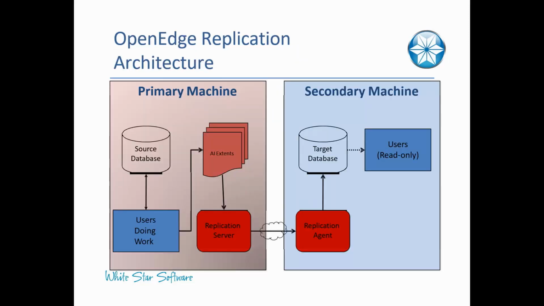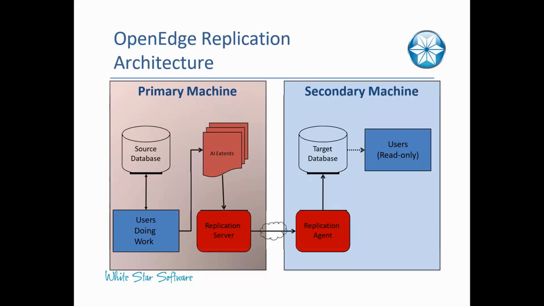So this is the OpenEdge replication architecture. On your primary machine, you have your database here, users doing their day-to-day stuff, causing trouble for you guys, and writing to the AI extents. There's a process here called a replication server and an agent that reads the AI extents, transfers all the AI notes to the replication agent on a target machine, and rolls them forward on the target database.